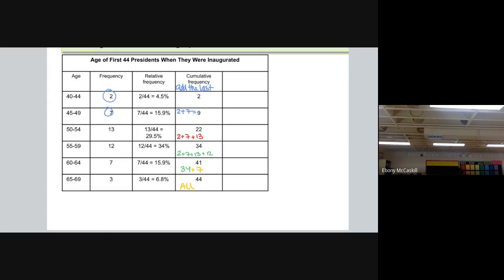Okay, so now let's do the cumulative relative frequency. In order to find the cumulative relative frequency, I'm going to take my number and divide it by 44. Let me make that a bit bigger.